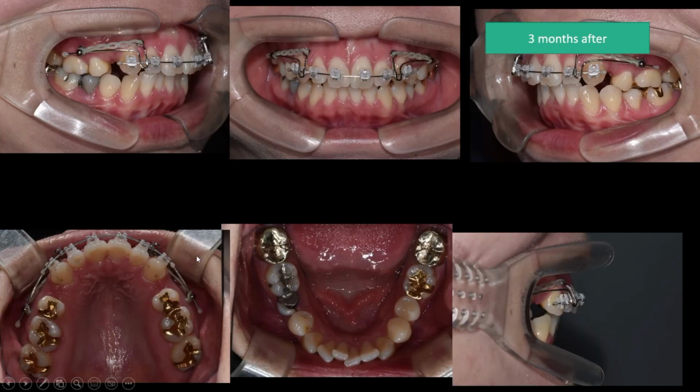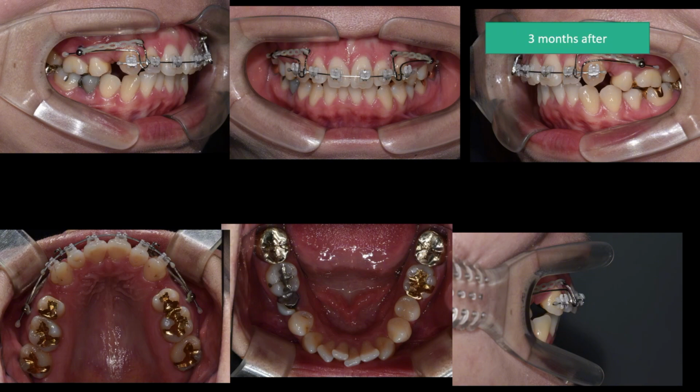Three months after. Look at the chain. Anterior teeth aligned well. Okay, and then look at the cuspid movement. Back. Anterior teeth leveling means there is enough canine distal movement.